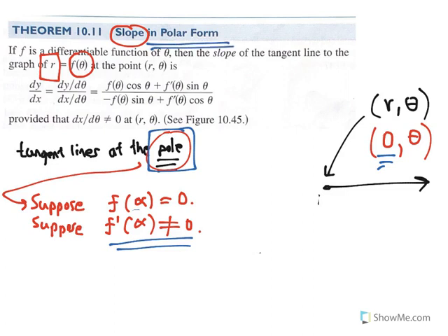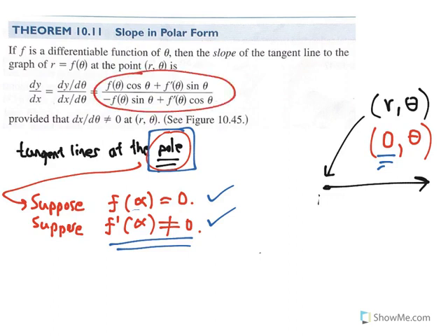Well, you can begin with the slope in polar form, because this is what you use to find the slopes of tangent lines to polar curves at points on the curve. So based on our assumptions that we have a point at the pole and that f prime of alpha is not equal to 0, we can make substitutions into our theorem that gives us slope in polar form.